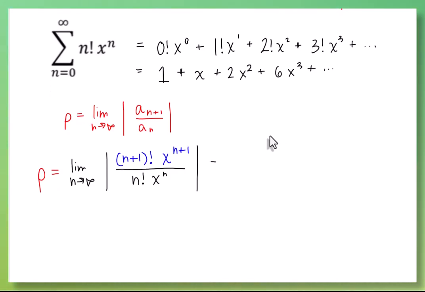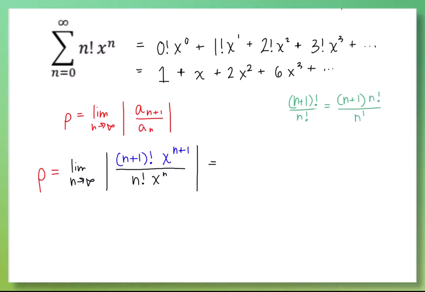Now we're going to simplify this expression. One thing we should already recognize: n plus 1 quantity factorial over n factorial. If we were to list that out, the very first term would be n plus 1, and the next term would be 1 less than that, which is just n, and that would continue.